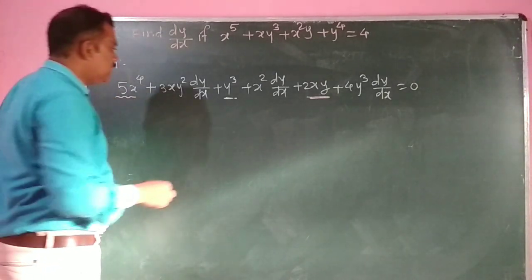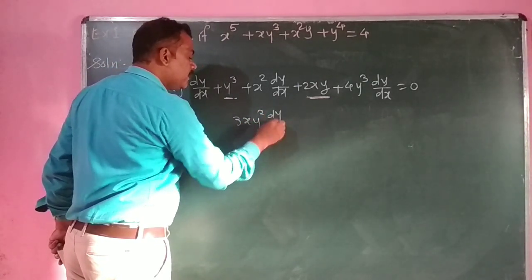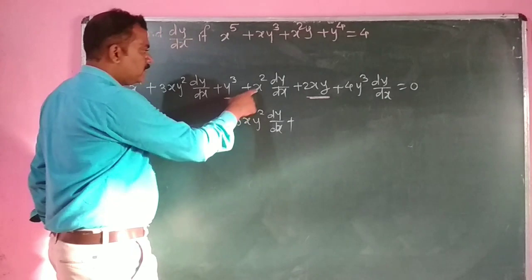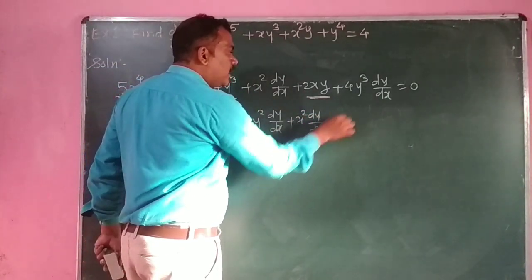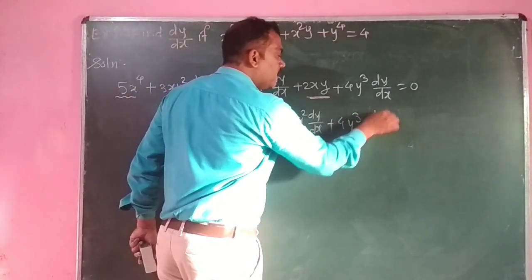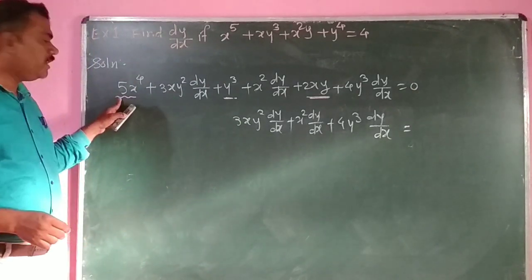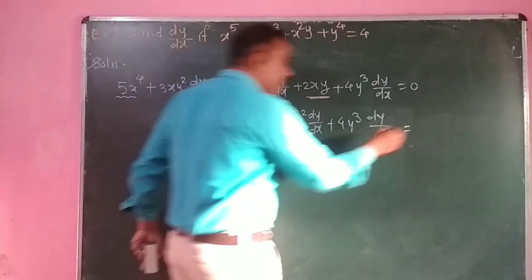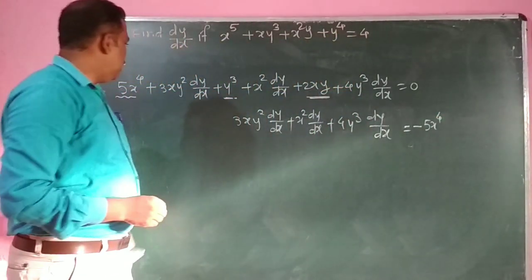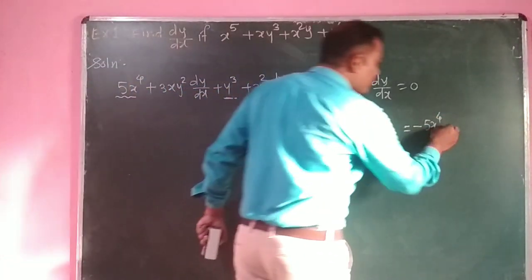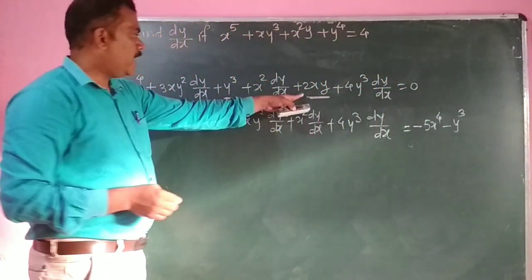So on the LHS, 3xy square dy by dx, this one x square dy by dx plus 4 times y cube dy by dx is equal to non-dy by dx, that is 5 times x raised to 4. We have to take on the other side, that is minus 5 times x raised to 4 minus y cube and minus 2xy.